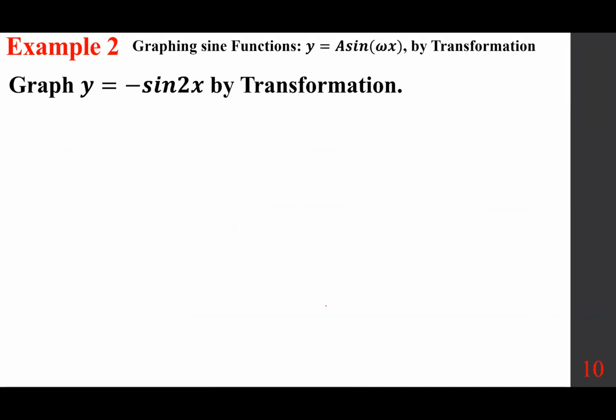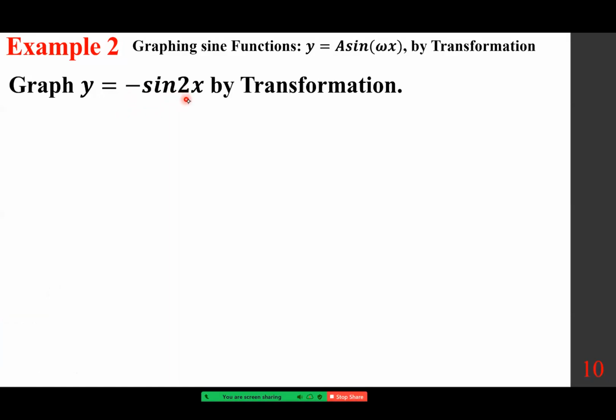What about minus sine 2x? Again, we remember sine x has period 2 pi and amplitude 1. If you're interested in finding the amplitude and the period, the amplitude is the absolute value of -1, which makes it 1.